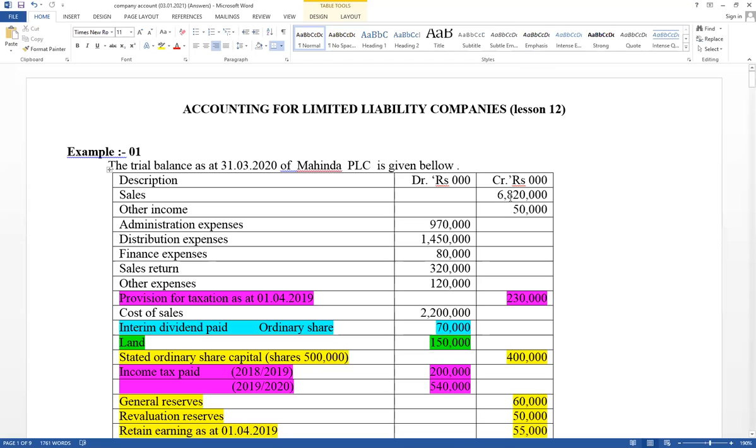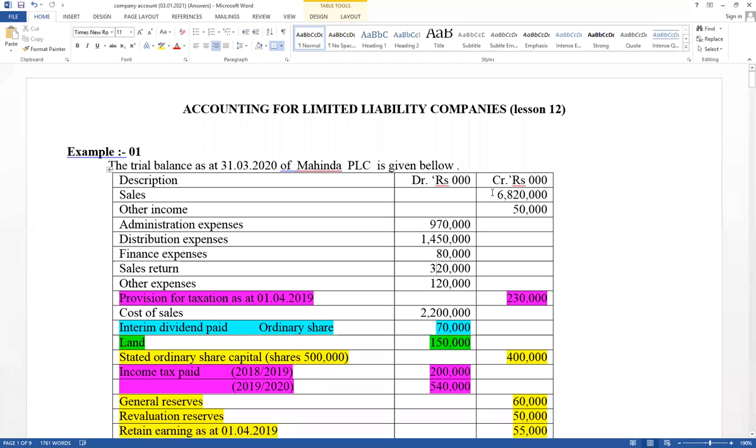Therefore, 6,820,000. From this value, deduct 320,000. The net value should be included. As sales, 6,820,000 cannot be included. After deducting sales return of 320,000, the value equals 6.5 million.